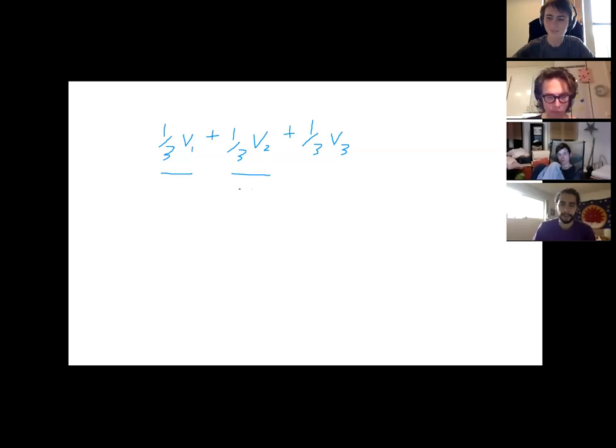So the answer was to do a weighted random distribution where the expected payoffs of all three of these are equal, right?